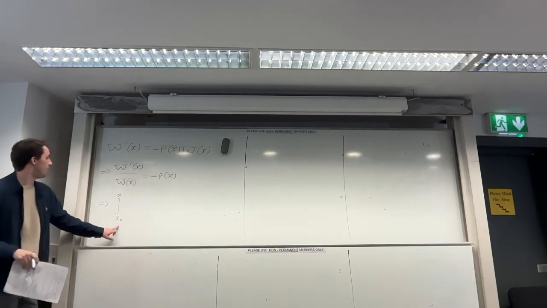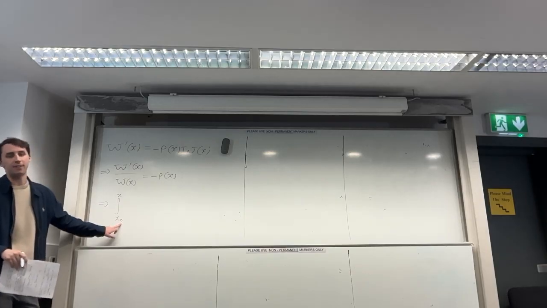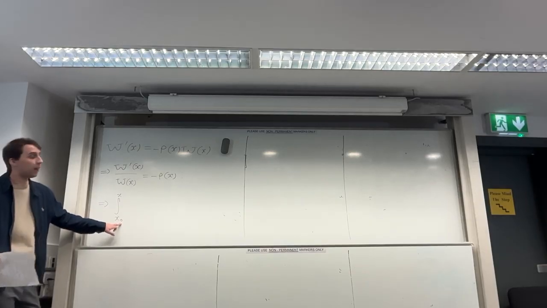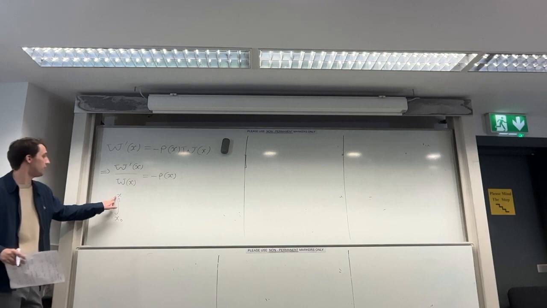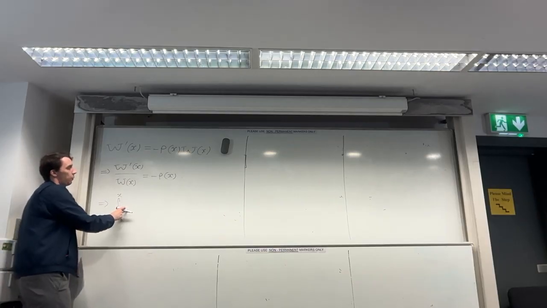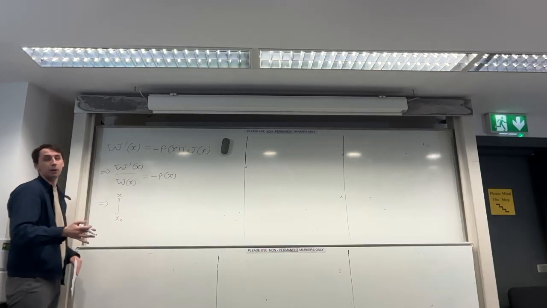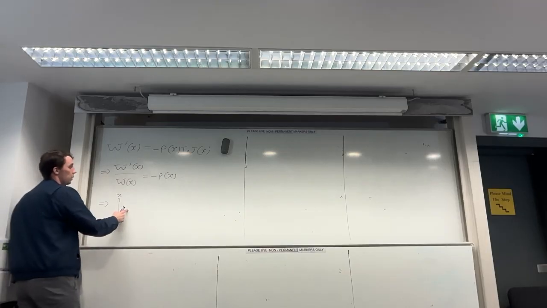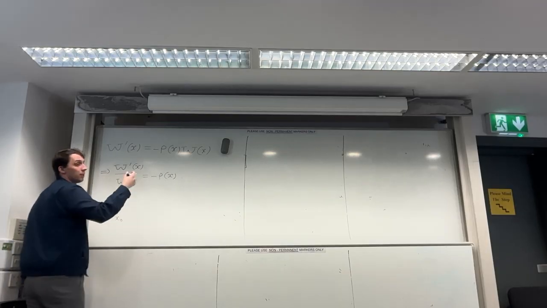I'm going to integrate from a lower limit of x0. x0 here is just some constant, and the upper limit is going to be x. Because I'm using x for my upper limit, in my integrands I'm going to have to replace x with some dummy variable. So in the integrand, I'm going to replace all of the x's with u's.